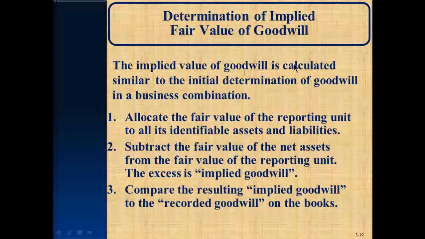So the implied value of goodwill is calculated similar to that initial determination. We allocate that fair value across the identified assets and liabilities, and then subtract the fair value of those net assets, assets minus liabilities, from the fair value of the reporting unit. This is going to be what the implied goodwill is. Now, how does implied goodwill compare to the recorded goodwill that's on the books?